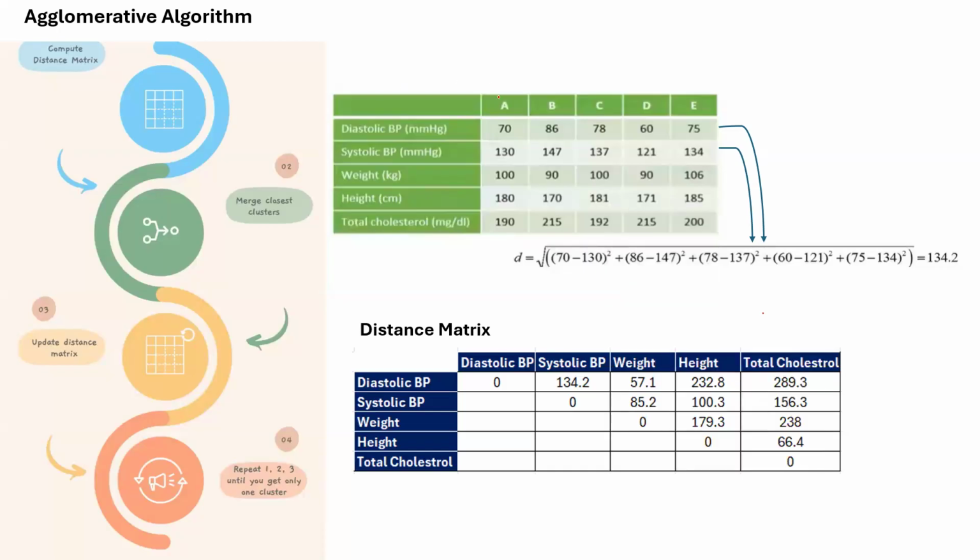The 5 patients have different values of diastolic BP, systolic BP, weight, height, and total cholesterol. These are the values of diastolic BP for different patients.